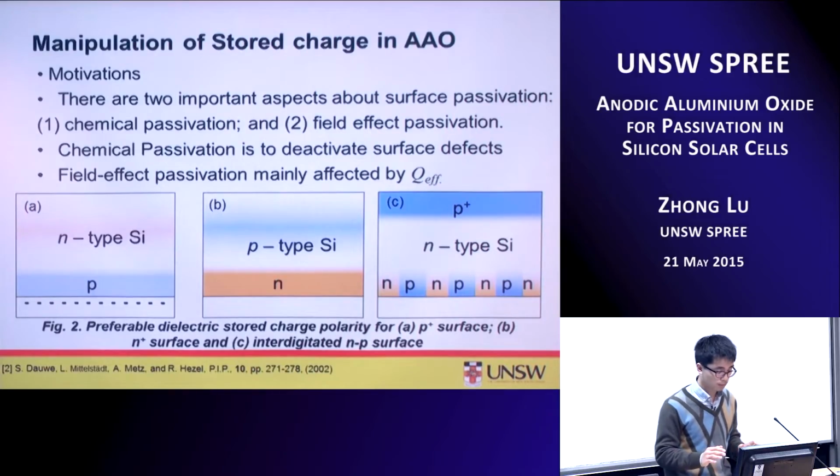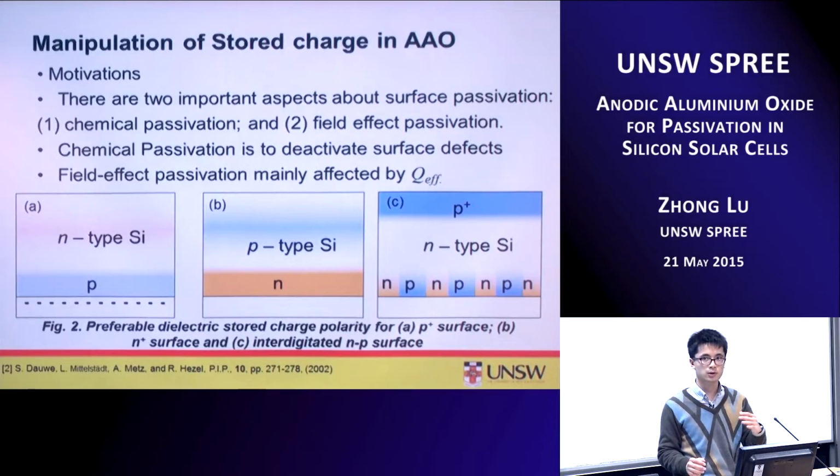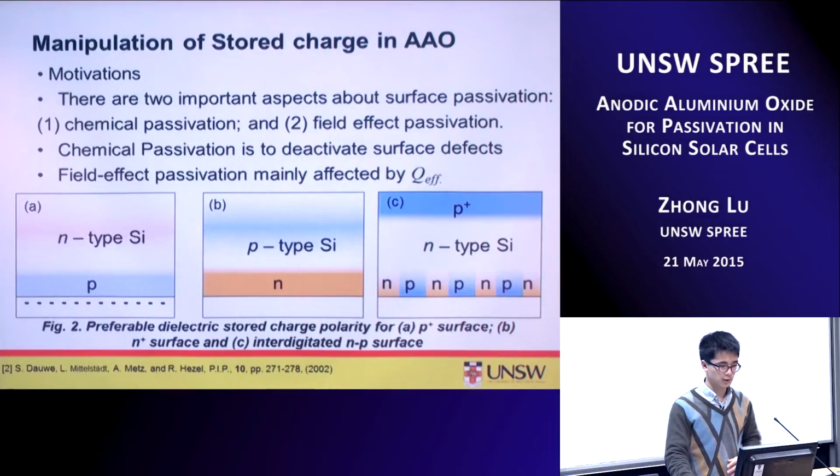If, on the other hand, you are using a positive charge, it can cause a problem because it's attracting the minority carrier to the surface, and the surface is highly recombinating. So instead of reducing the surface recombination velocity, it may even increase it.